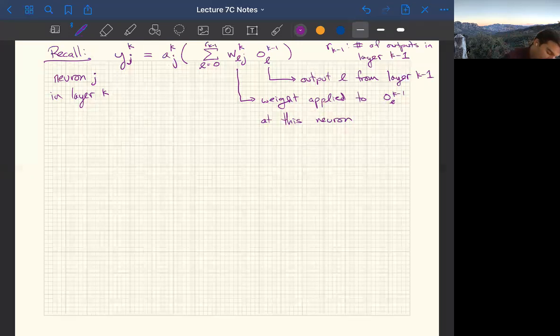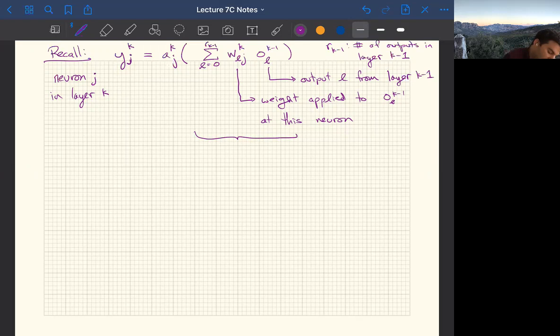And so, for simplicity, I am going to call the thing that is inside the sum here, or the sum itself that's inside the brackets, x_jk, which again is just the sum of this.